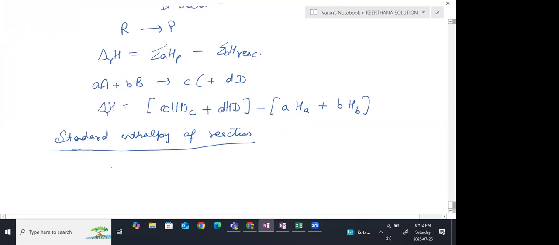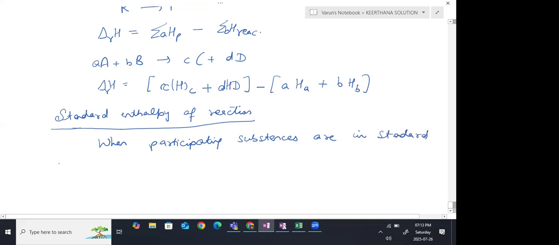When participating substances are in standard states. Clear? Yes, ma'am. It should be pure, it should be at 298 Kelvin, it should be at 1 bar. These are the standard conditions.